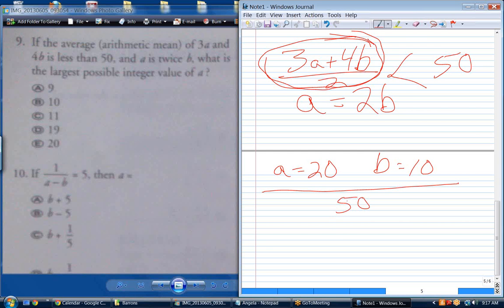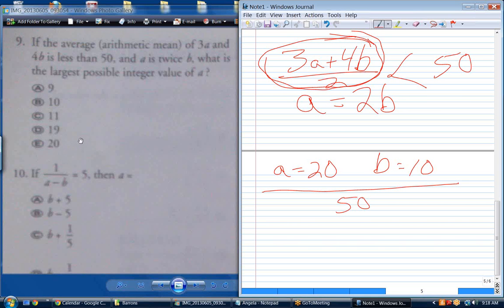Well, if A were 20, making B 10, the average would not be less than 50. It would be exactly equal to 50. In other words, A cannot be 20.